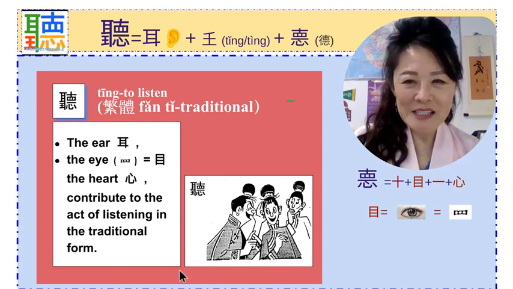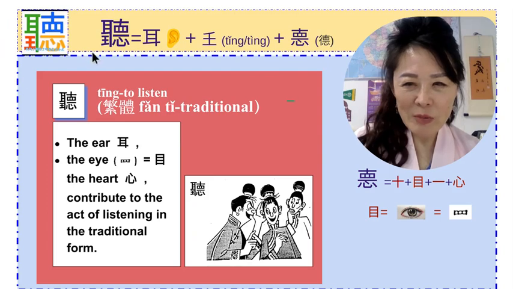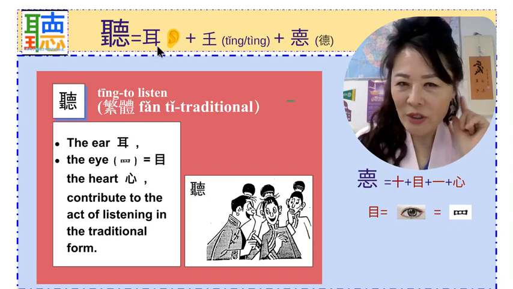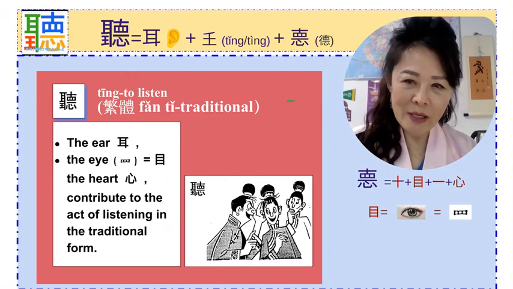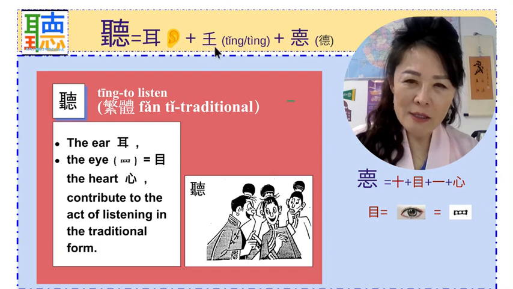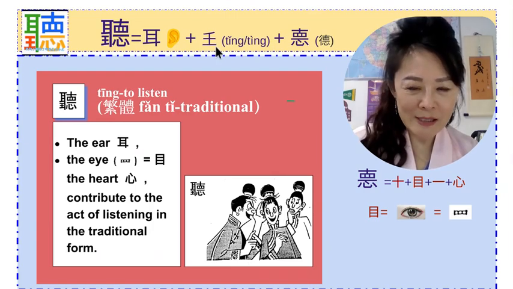All right, 听, as you see right here, there's a color-coded 听. It has many different parts, so I broke it down into smaller pieces. The first piece, the green part, means ear, your ear. When you hear things or listen to things, you got to use your ear to hear, correct? And the red part right here is sometimes translated as a 廷, sometimes translated as a 壬, to give the sound of ting to listen.